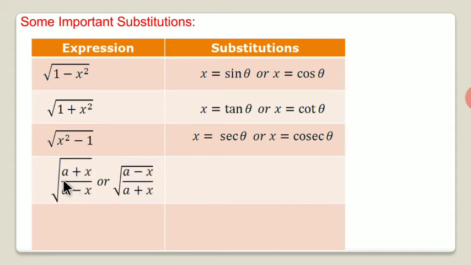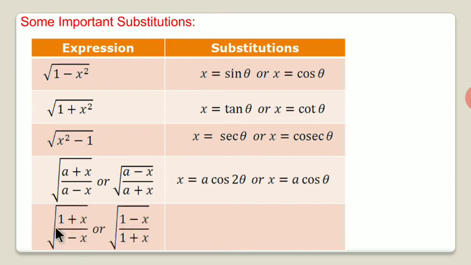If the expression is square root of a plus x upon a minus x or square root of a minus x upon a plus x, in both of the cases we use the substitution for x as a cos 2 theta or a cos theta, because using this substitution we can use cos 2 theta's formula or half angle formula.